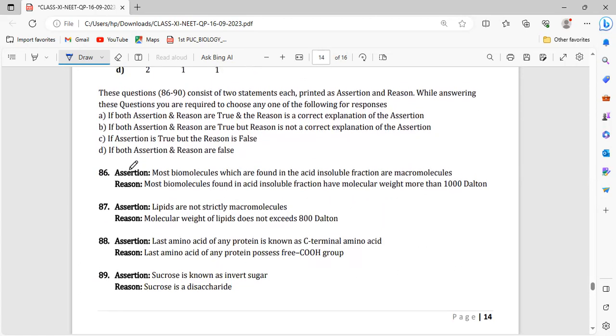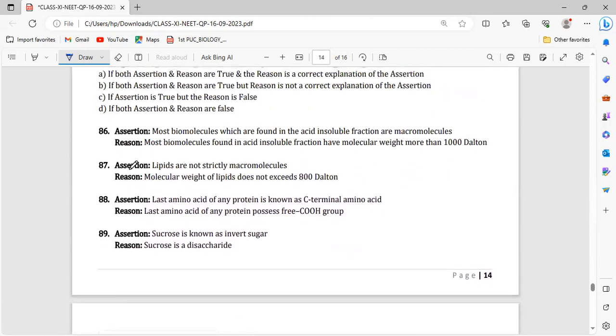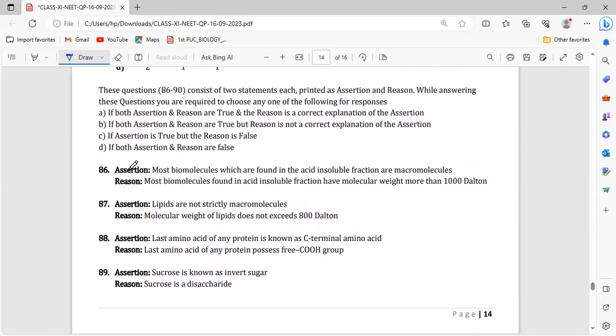Then assertion reasoning questions. 86. Assertion: most biomolecules which are found in acid insoluble fraction are macromolecules, which is correct.